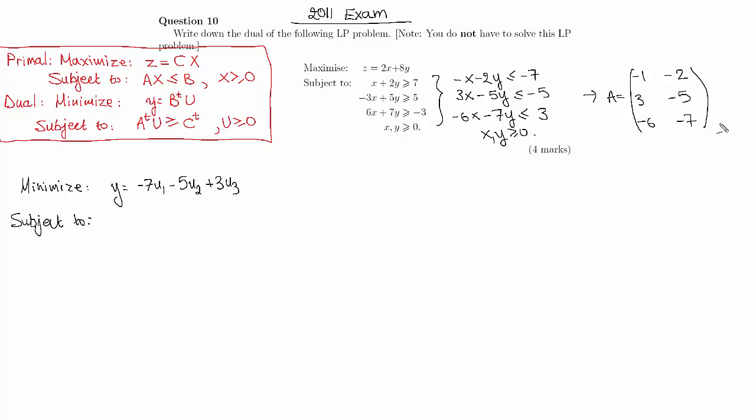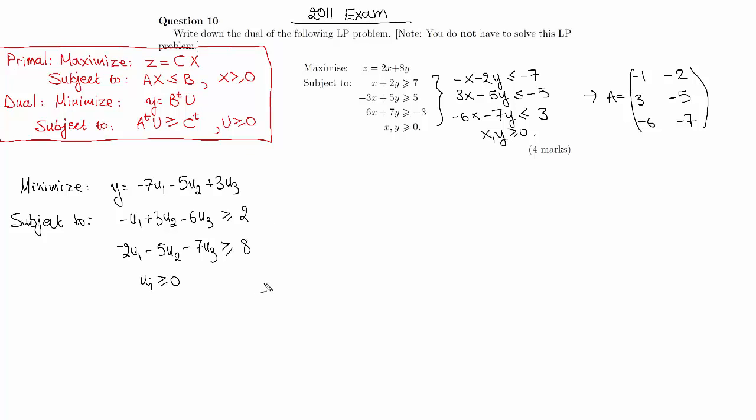So transpose will give us the inequalities minus u1 plus 3u2 minus 6u3 and minus 2u1 minus 5u2 minus 7u3. And these will be greater than or equal to C transpose, where C is just 2 and 8, so we'll have 2 and 8. And also ui greater than or equal to 0. Don't forget to write that down.